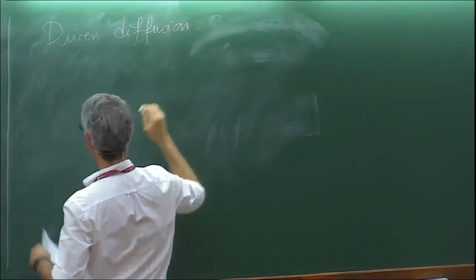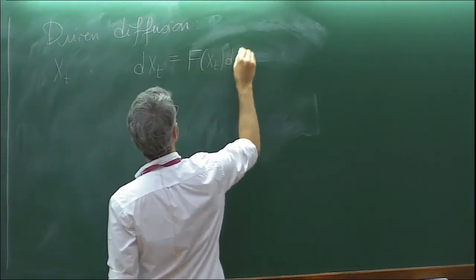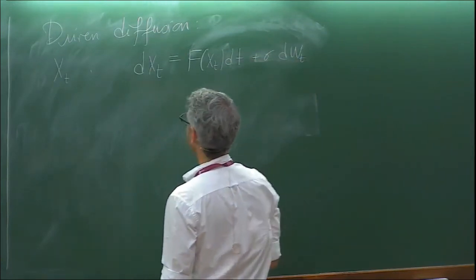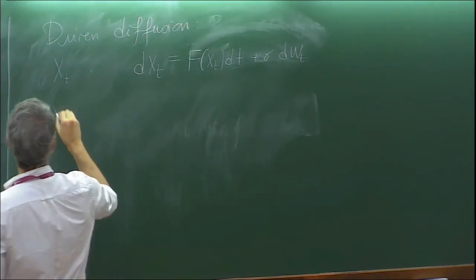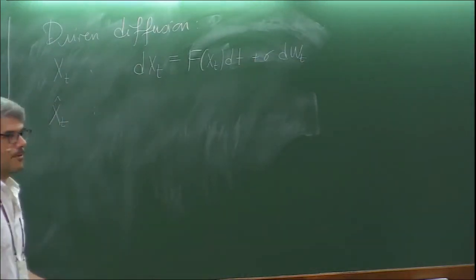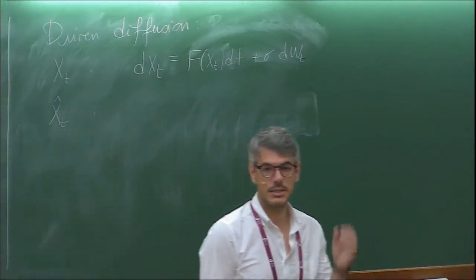So remember that I start with my original process, which has a stochastic differential equation given by a certain drift capital F plus a certain matrix for the noise, sigma. Since I know the Radon-Nikodym derivative explicitly, from Girsanov, I can go back to the stochastic differential equation for the driven Doob. Yes?